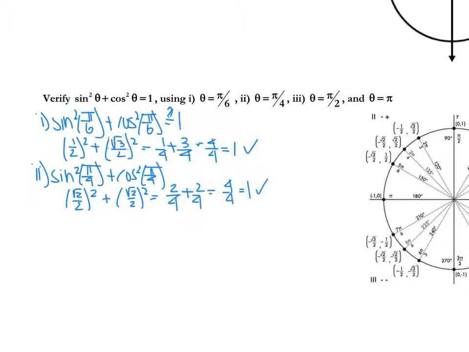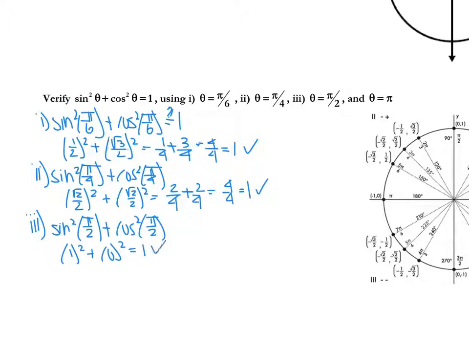And once again, that equals 1. All right, let's go to the third angle, which is pi over 2. And we're going to plug it into the Pythagorean identity. Okay, so at pi over 2, it is going to be 90 degrees, which is (0, 1). So 1 squared plus 0 squared equals 1.